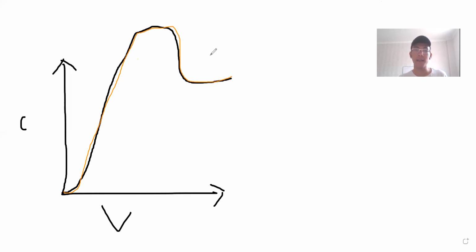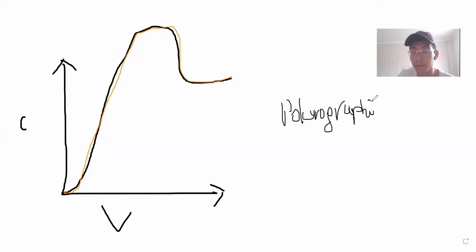This kind of result we call a polarographic maximum. Do you know, guys, what's wrong with it? It means that your answer is not correct here.